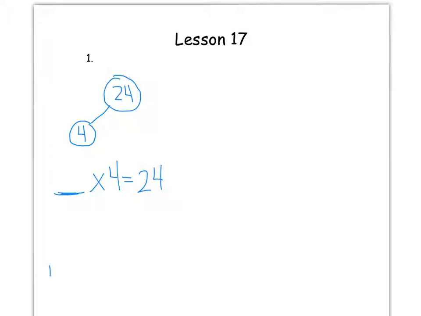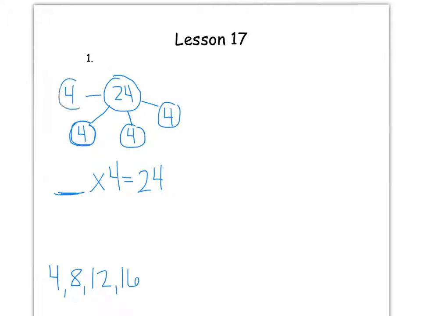So let's skip count. 4, which is right here. 8, so I'm going to draw another 4. 12, let's draw another 4. 16, let's draw another 4, another part. 20, let's draw another 4 for that. And 24, so let's draw another 4.